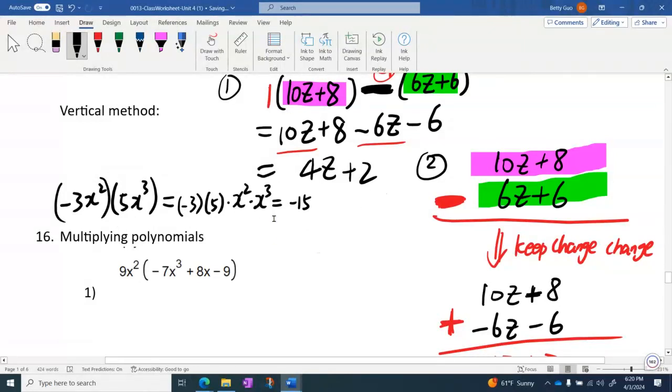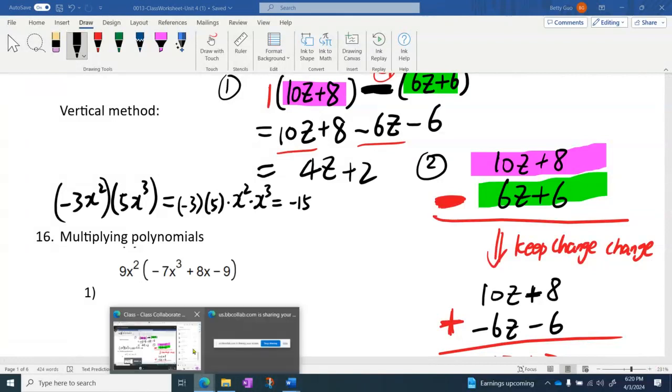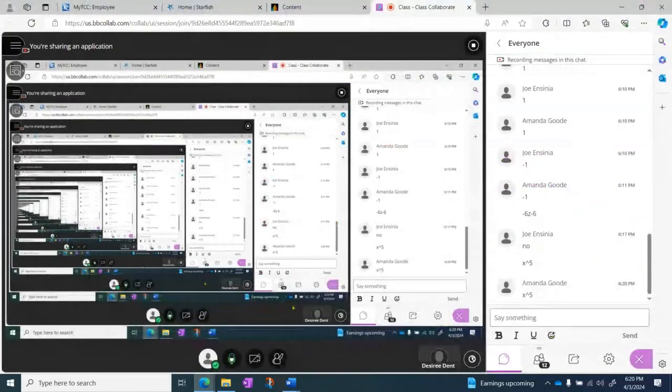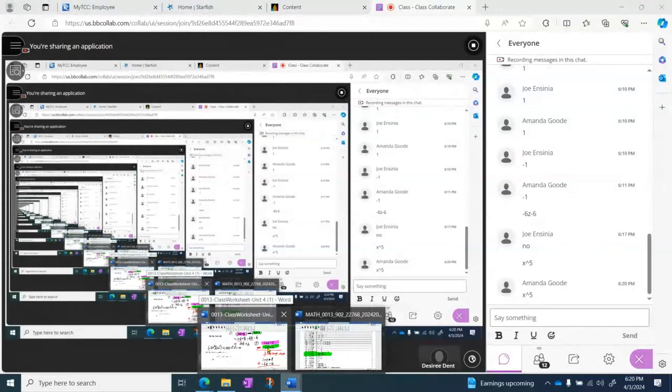Question, what is x squared times x cubed? Perfect. X to the fifth. What's the name of the rule we could apply to get that result, x to the power fifth?